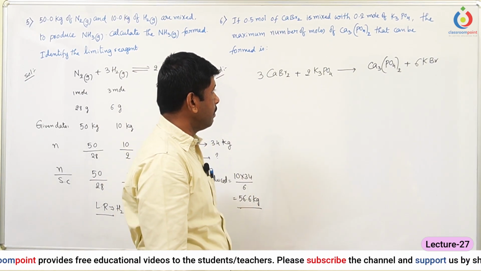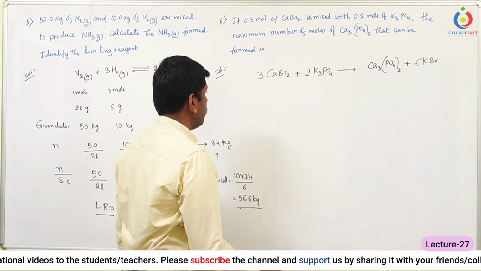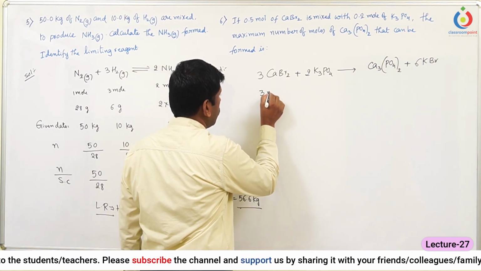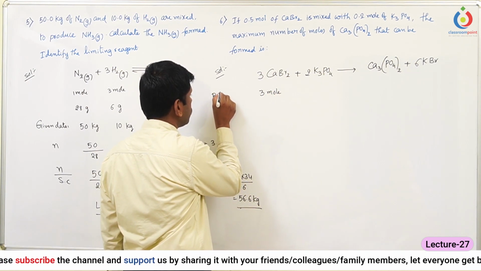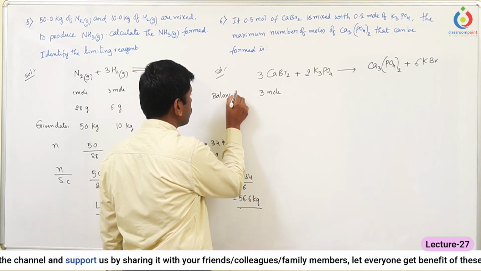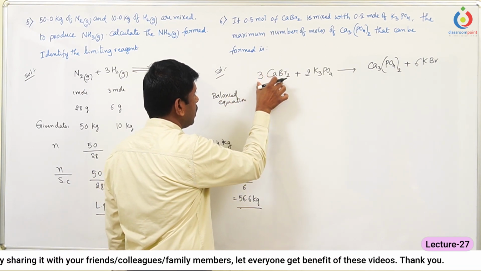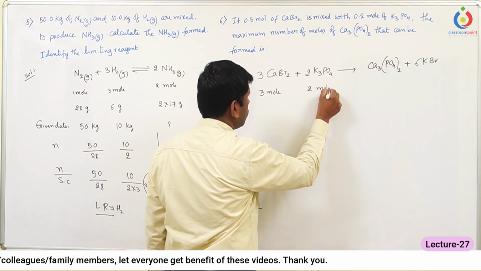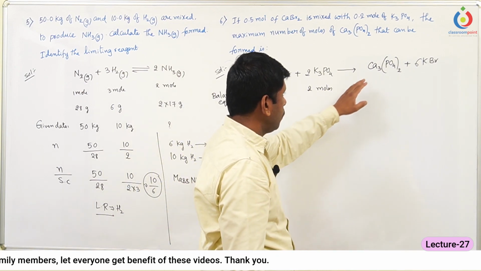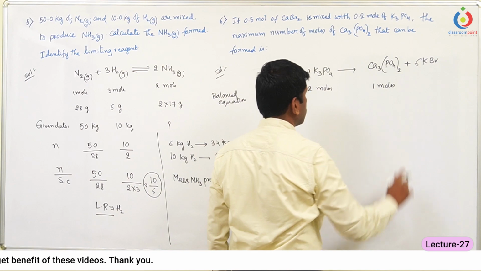The equation is balanced. Now 2 phosphate is also present. So the information from the balanced equation is that 3 moles of calcium bromide reacts with 2 moles of potassium phosphate to produce only 1 mole of calcium phosphate.